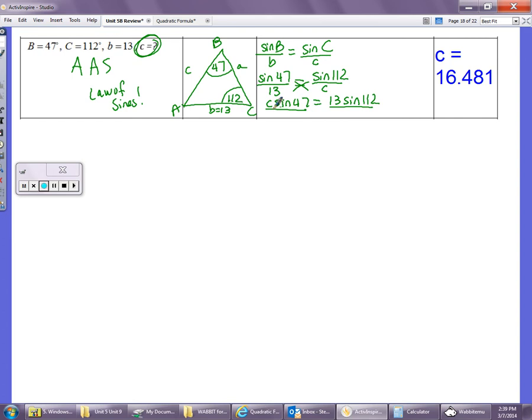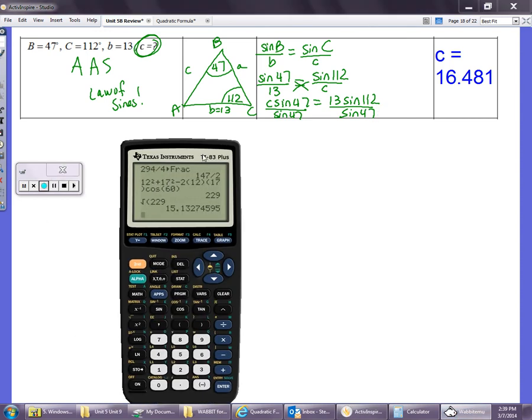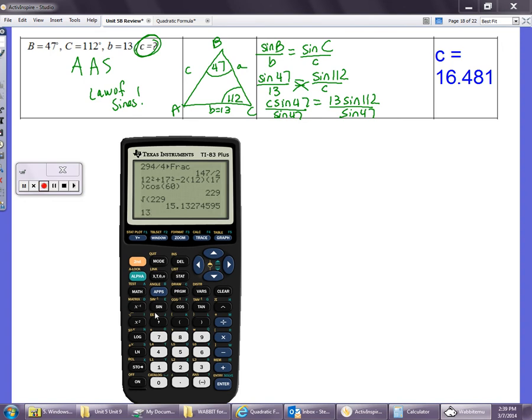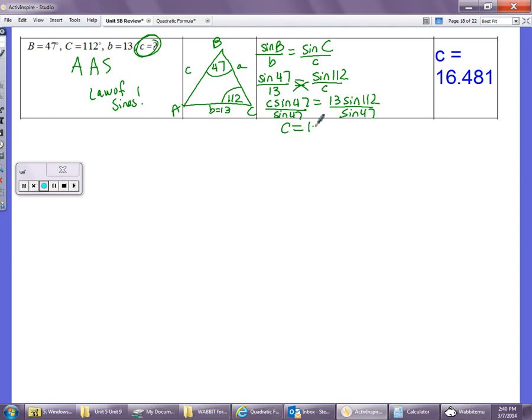Divide both sides by what's next to C. Then you're going to put this into your calculator, just the way you see it. No arcs. So you have 13 sine 112, close your parenthesis, divided by sine 47, and just press enter. You get 16.480, but next there's a 9, so round up. And that's why C is 16.481 units.